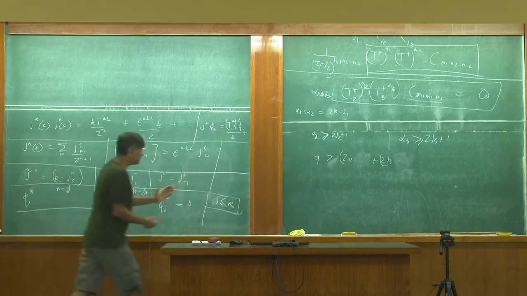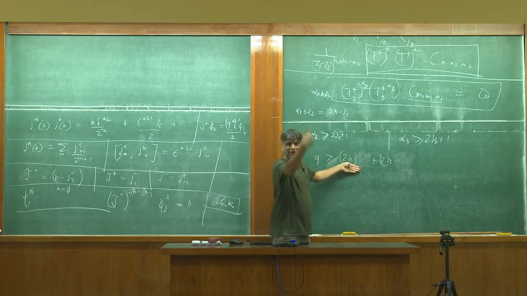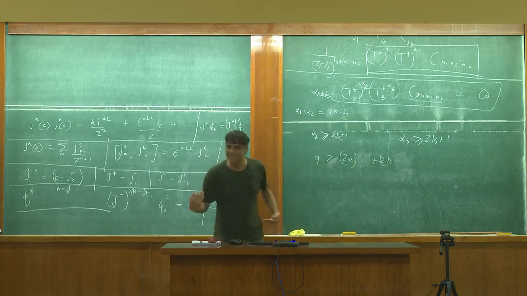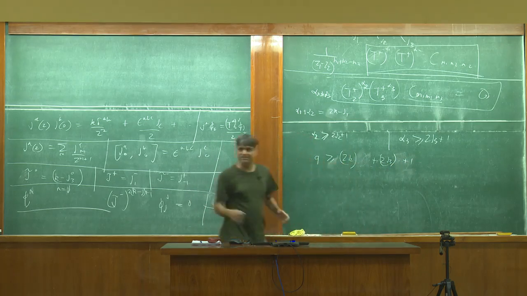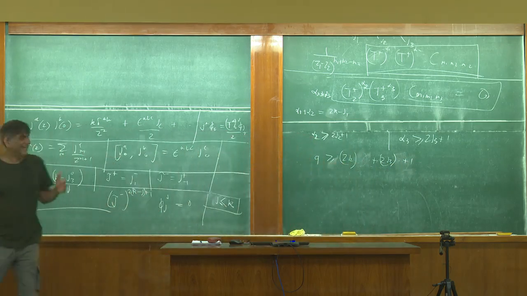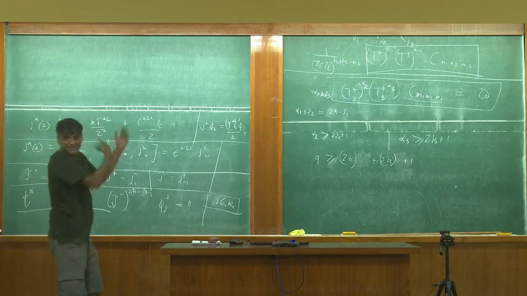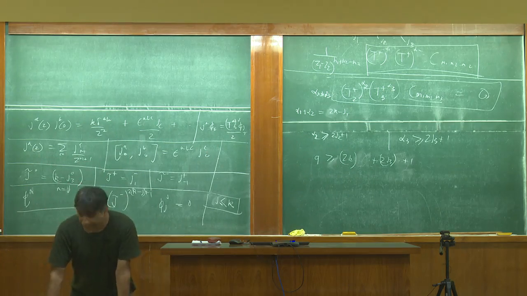Because 2J2 is the largest number of raisings we can act on J2, and 2J3 is the largest number of raisings we can act on J3. So if it was greater than this, every term that appeared would kill the state.